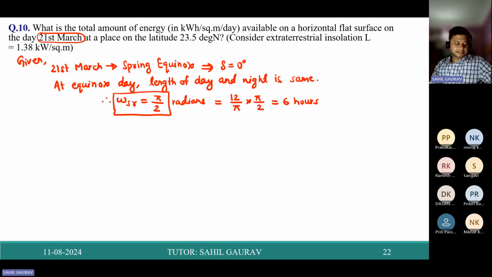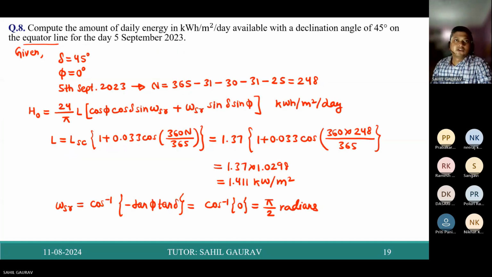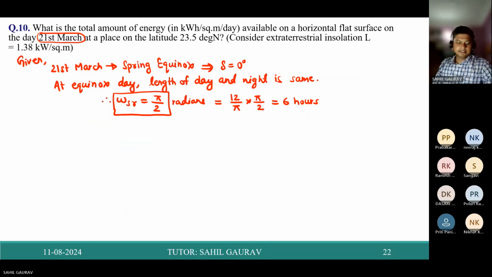Now we have to again write this insolation. We have to write the amount of daily energy incident, the H naught expression here.